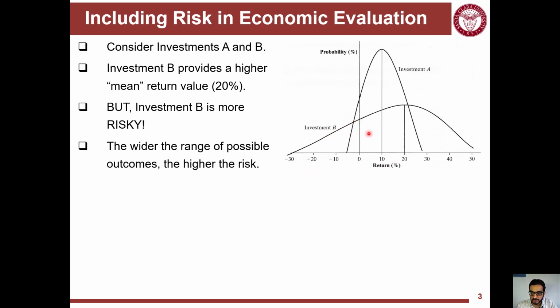The area to the left of 20% return is all bad news, because if you plan for 20%, there's a big probability that you'll end up with 10, negative 10, 20, negative 20, even 30. But if you look at investment A, your average is 10%, which is less than 20, but you are more certain, and there is less variability, so there is less risk.